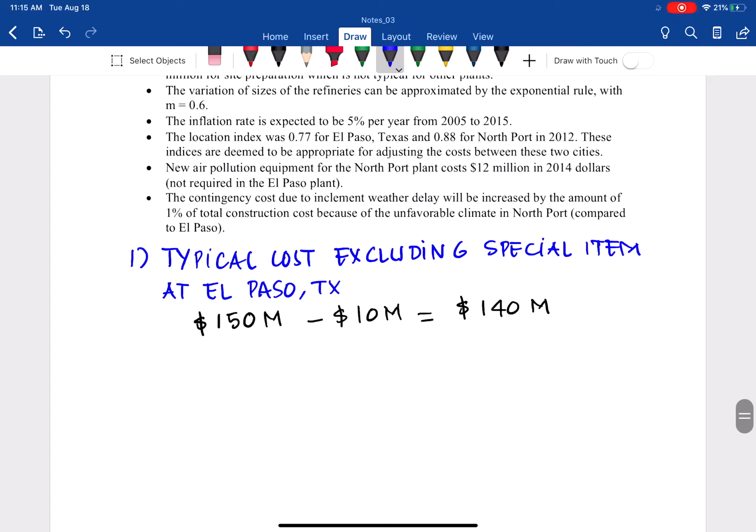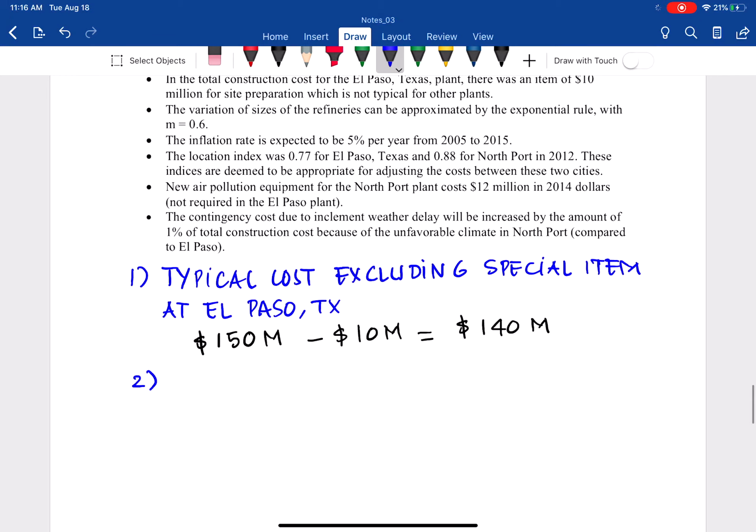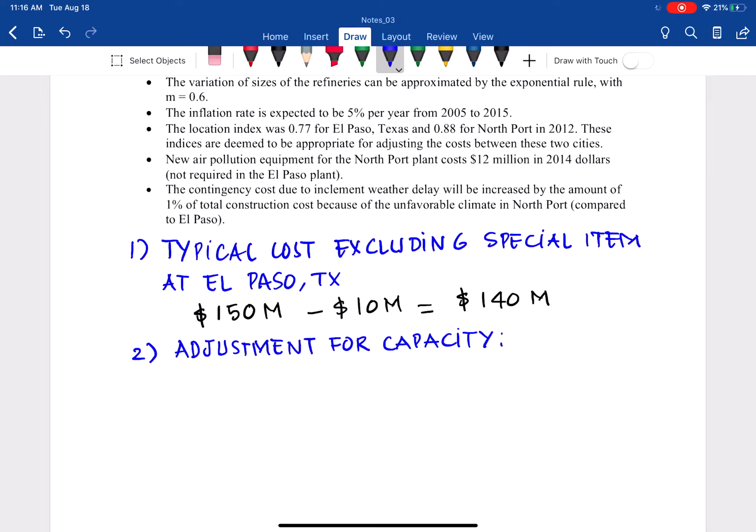And then go to number 2, we use the cost capacity to adjust. The cost there is 140 million.